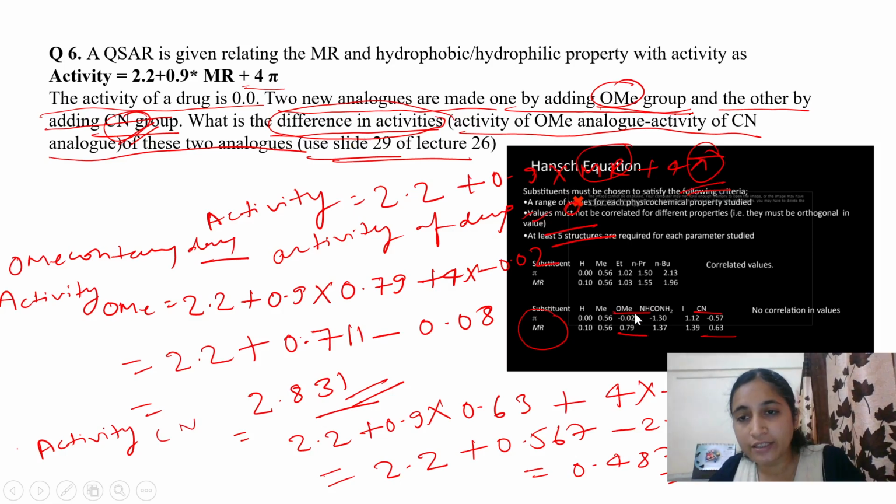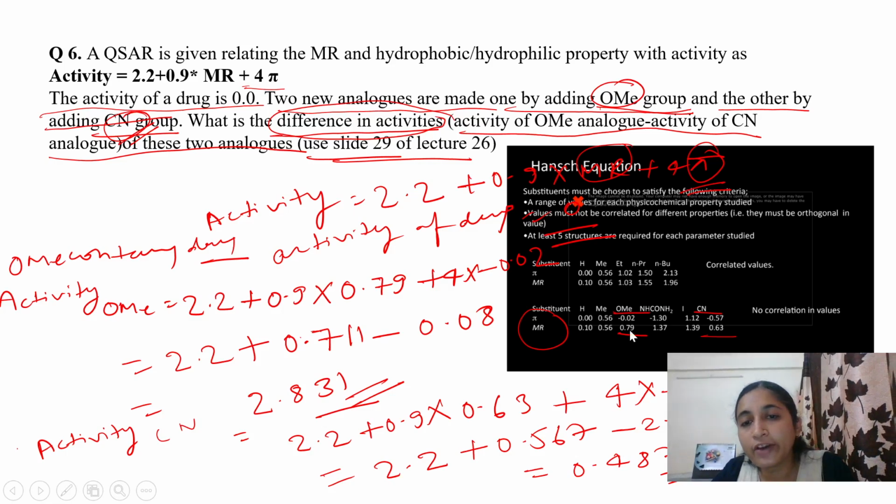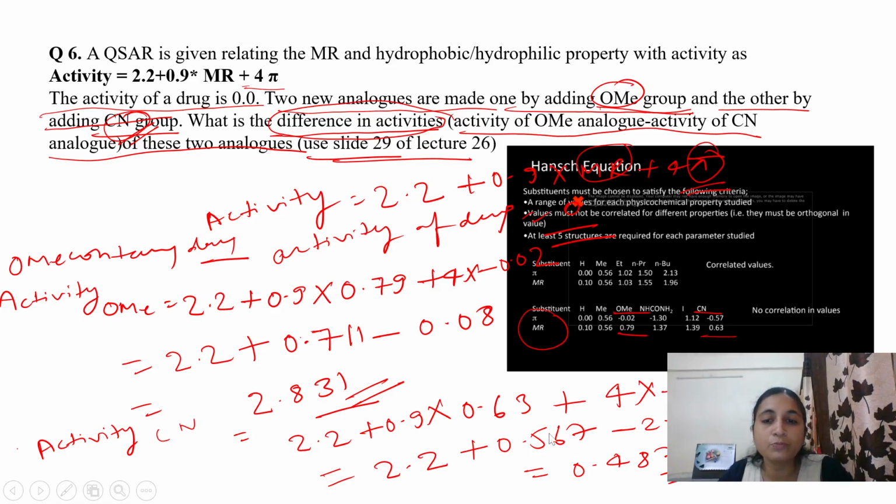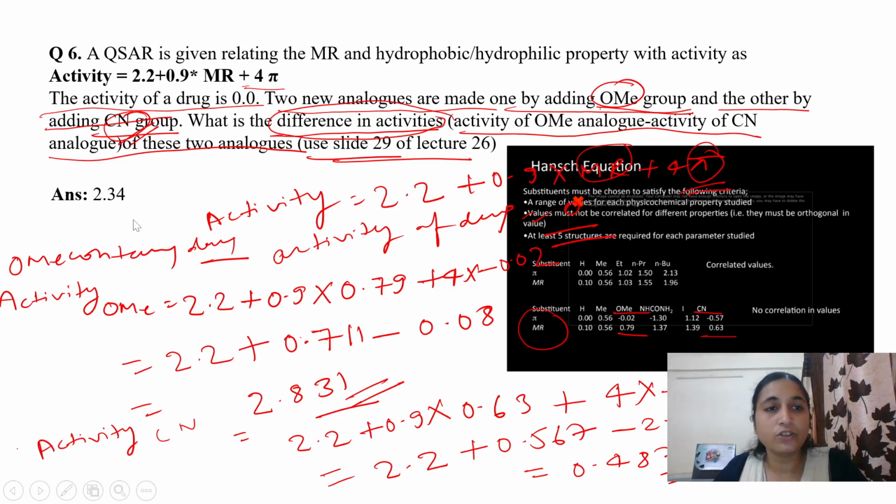In these questions they made two different drugs, one by adding an OMe group and the other by adding a CN group. So you have to take the pi and MR values for OMe and for CN, calculate both, and then subtract the first from the second. So you will get the answer. Very simple.